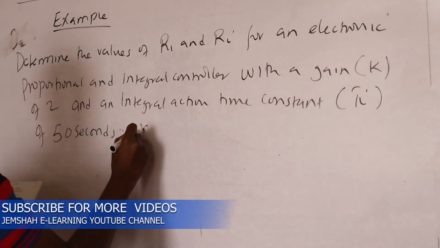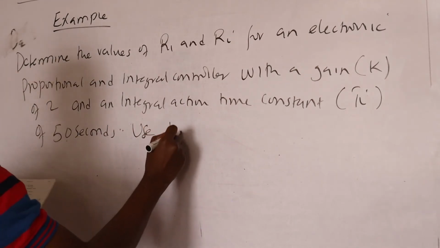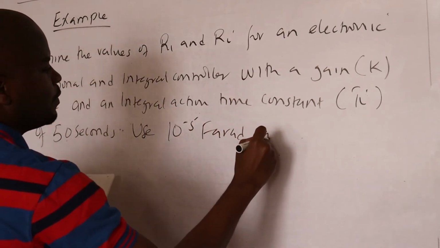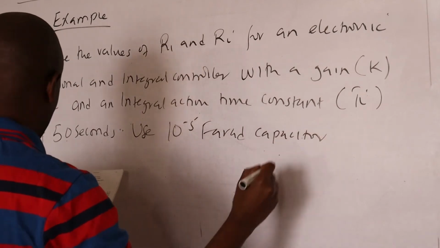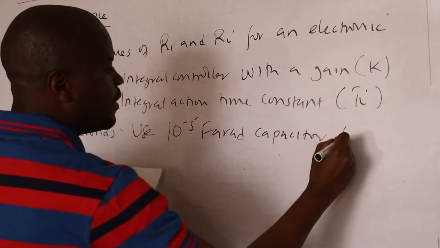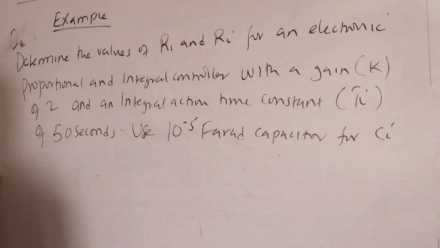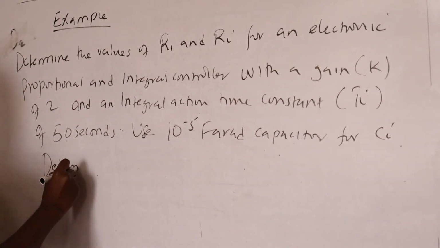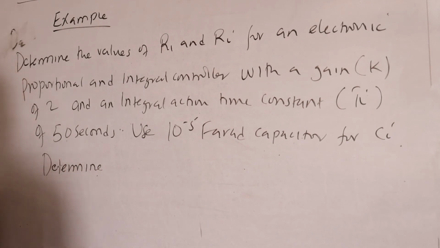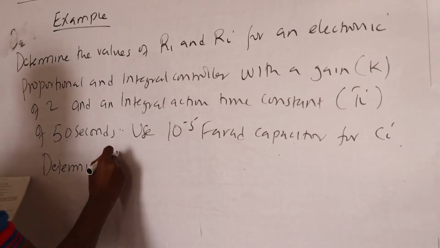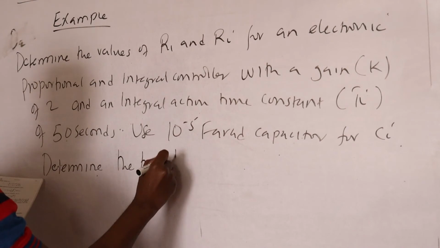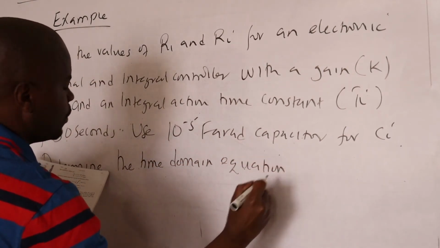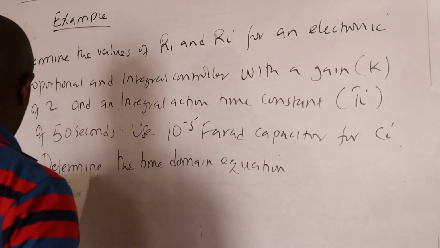Use a 10 raised to power negative 5 farad capacitor for Ci. Determine the time domain equation and the transfer function.